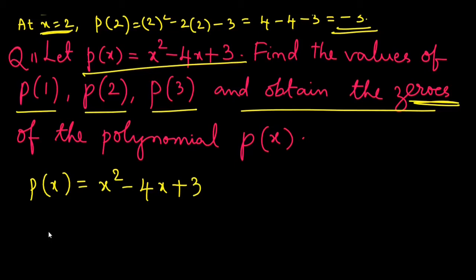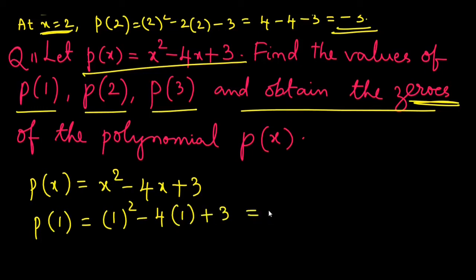Now let us find p of 1. Substitute 1 in place of x. So 1 square minus 4 into 1 plus 3.